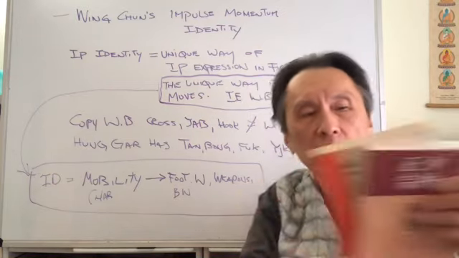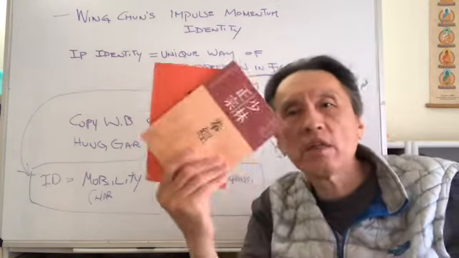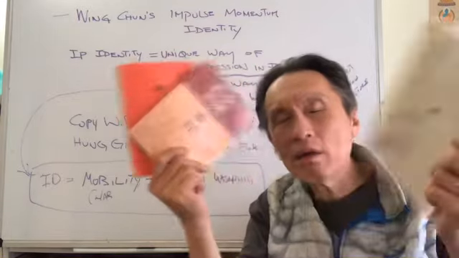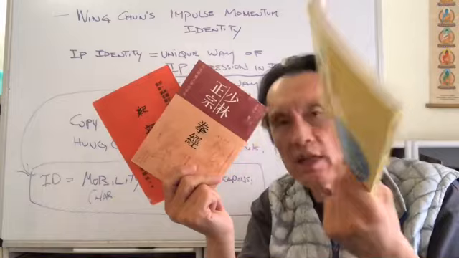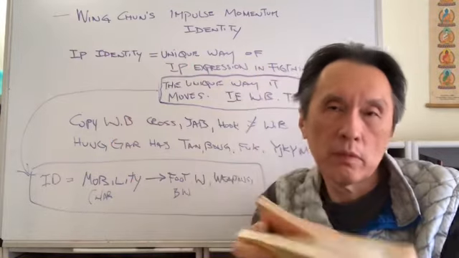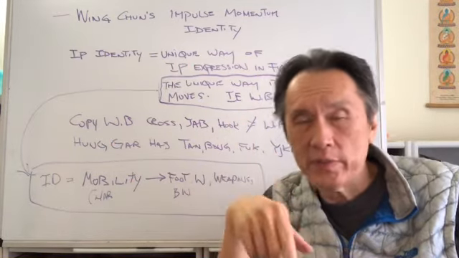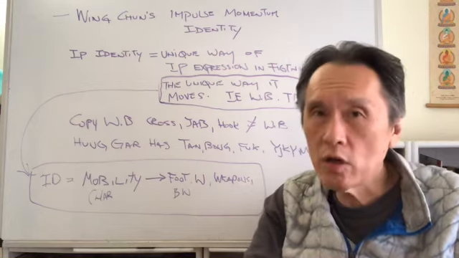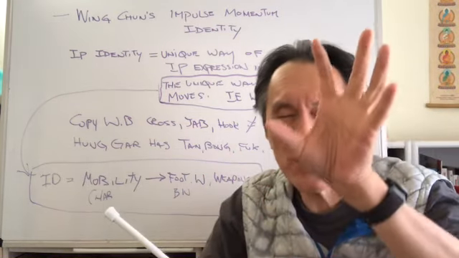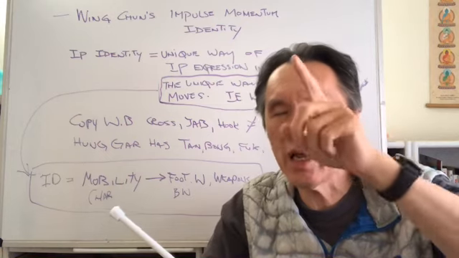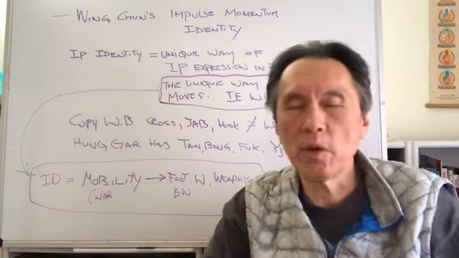Not based on Hendrik. Based on this and all those Chinese martial art books and this sample of Dogfish. They know what they are doing. They know their imposed momentum identity and they train for that. So when they go out there, it is the imposed momentum identity.